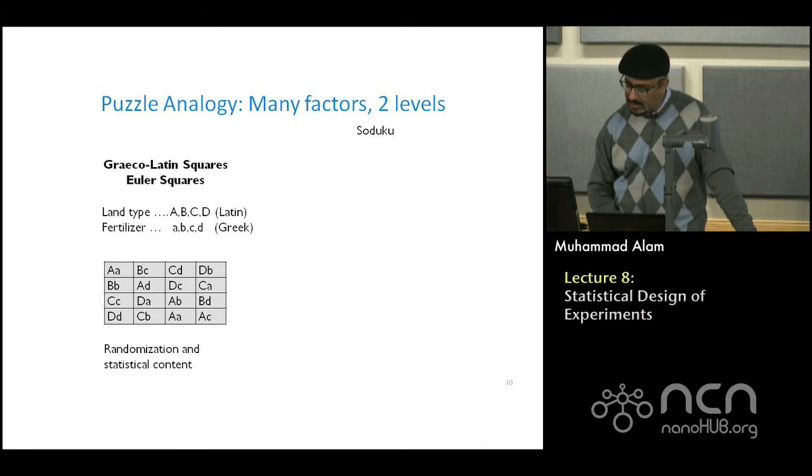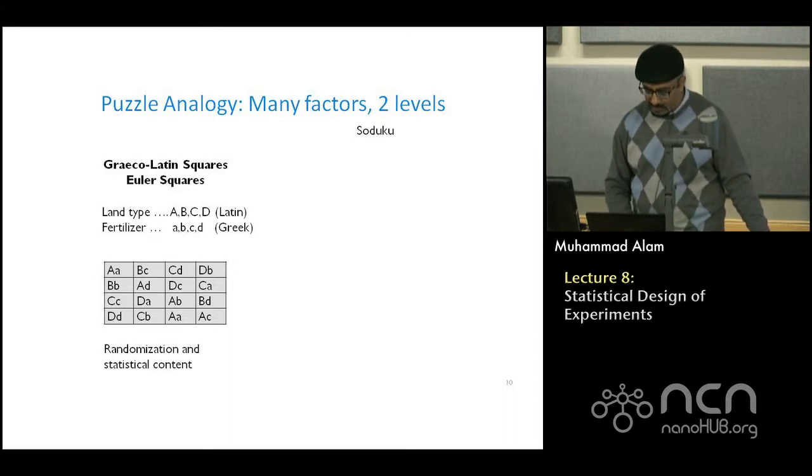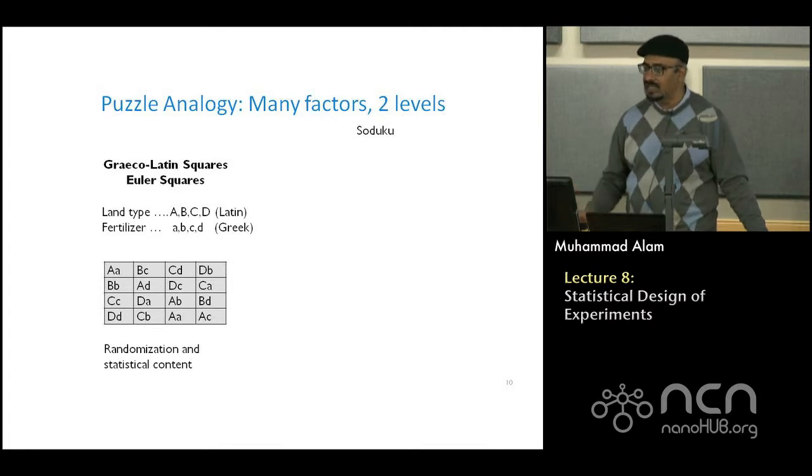You can immediately see that these are constructed in a very special way. A, B, C and D are the land type, and fertilizer A, B, C and D is the fertilizer type. But do you see that in the next row you don't start with A again? If I were naive, I would have done A, B, C, D here, and then B here, and C here, and I would just replicate this column, and I could get 16 combinations.